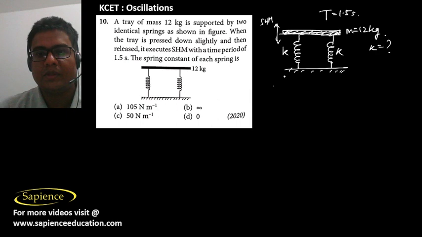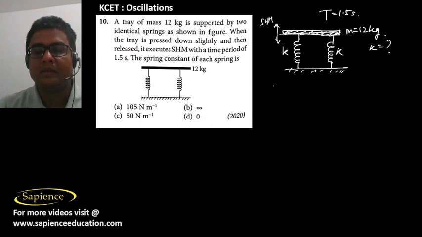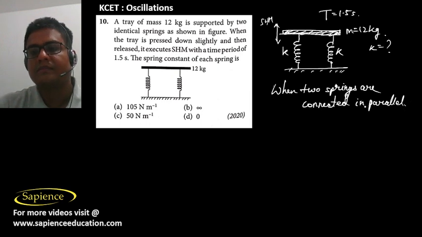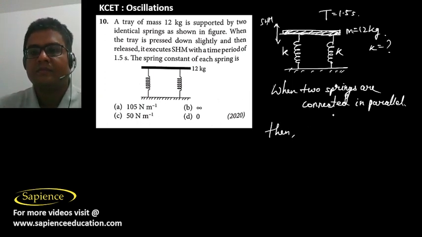Now we know that when two springs are connected in parallel, the net spring force is equal to F1 plus F2, and their extension will be the same.